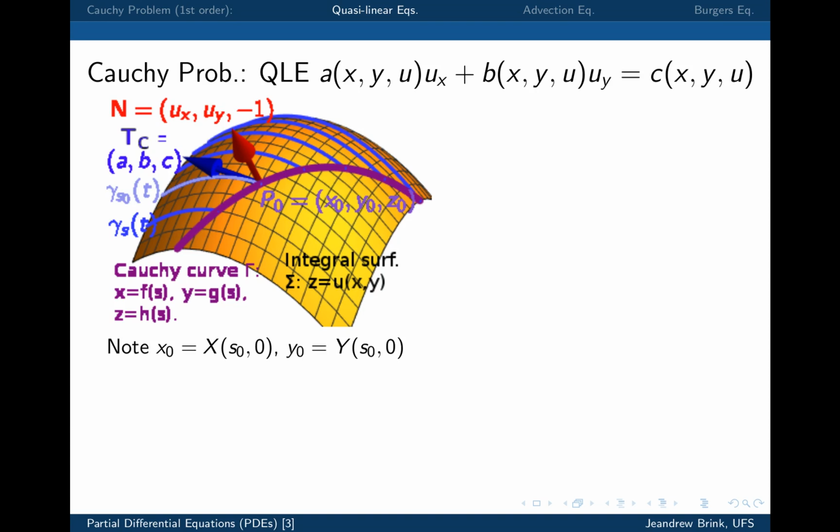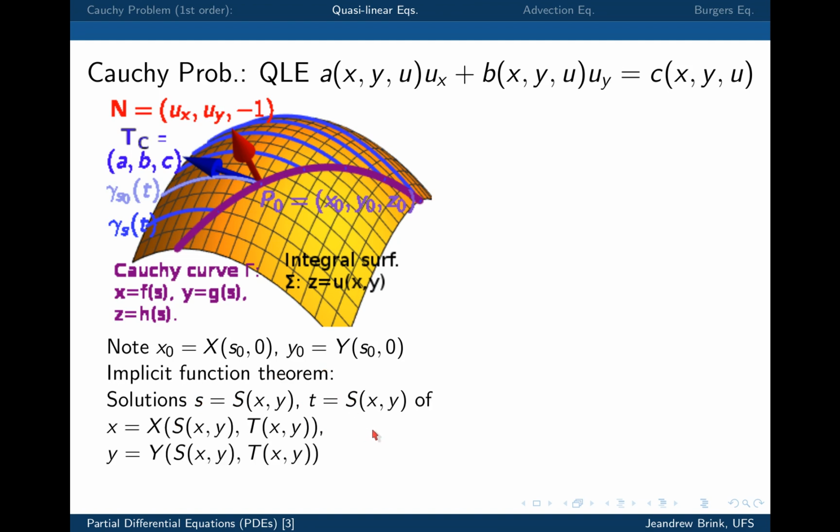Okay, so here's the same picture. What we're basically going to do is focus on this point P0, and we immediately know that x0 and y0 is equal to that. And then we have an implicit function theorem that basically says the solutions of this equation, we get s and t explicitly in terms of x and y, and this only exists if the Jacobian is non-zero.